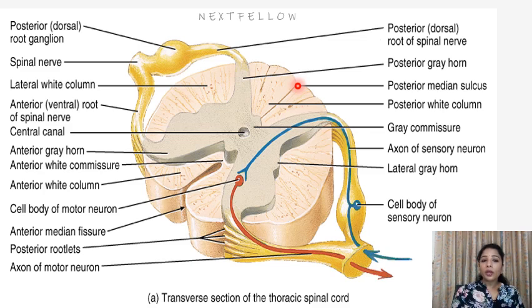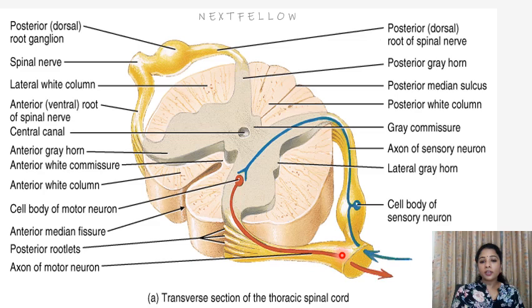And there are 2 anterolateral sulci where the motor roots originate. This is called the anterolateral sulcus. Similarly, we have the posterolateral sulcus on each side where the sensory roots originate, 2 posterolateral sulci in all, and each spinal nerve has an anterior and a posterior root.